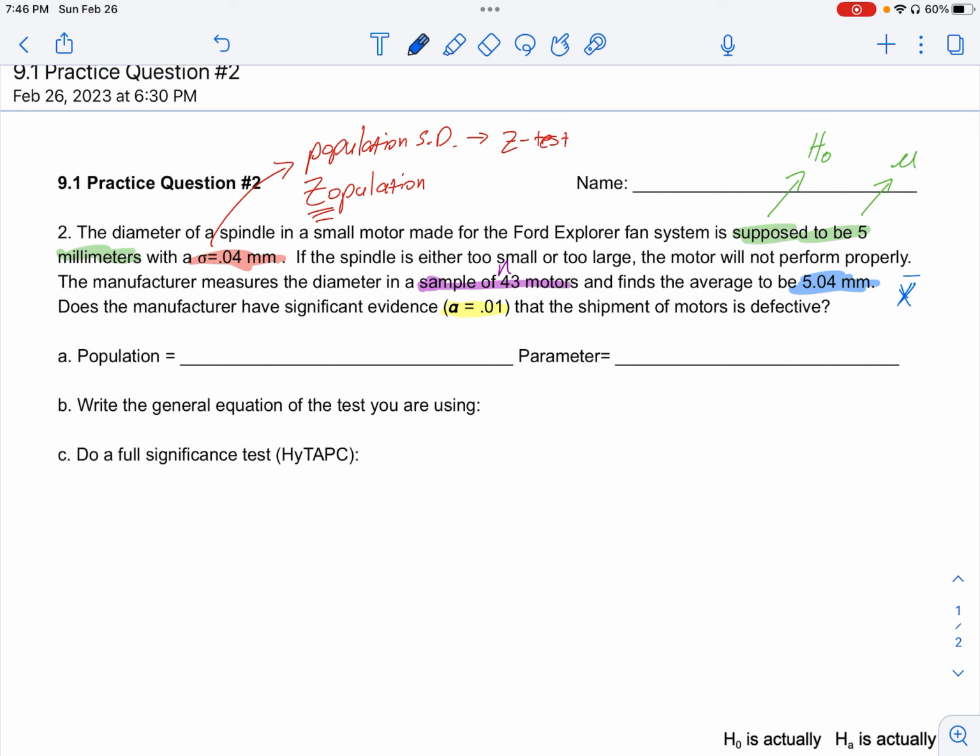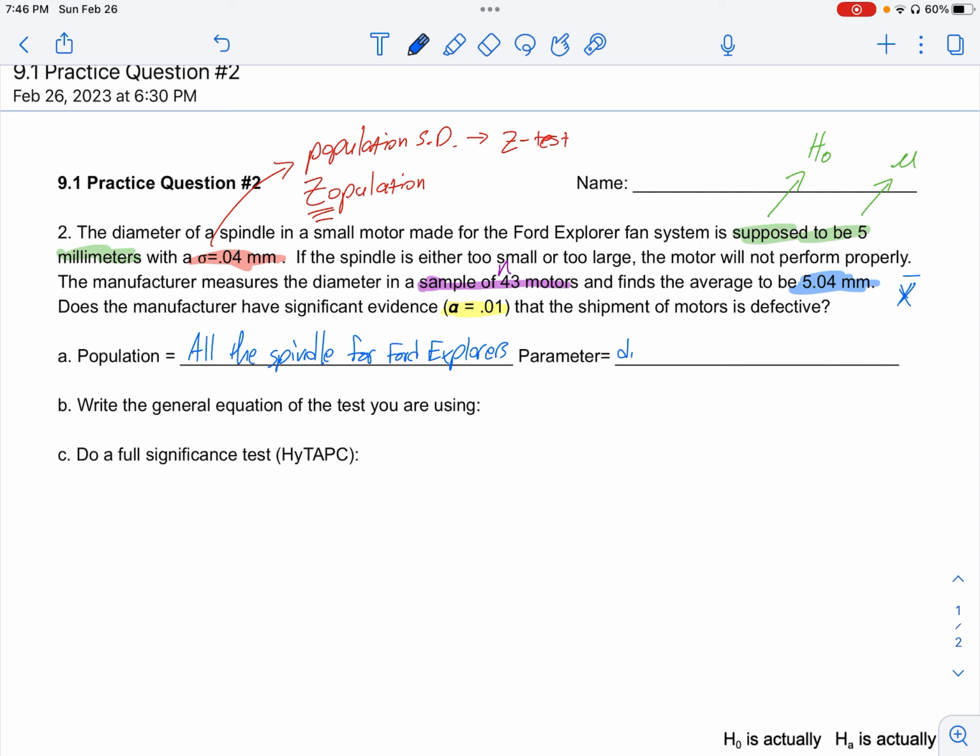All right, the population is just all the spindles that are made for Ford Explorers. And there are hundreds of thousands of those on the road, okay? The parameter that's being measured is the actual diameter.